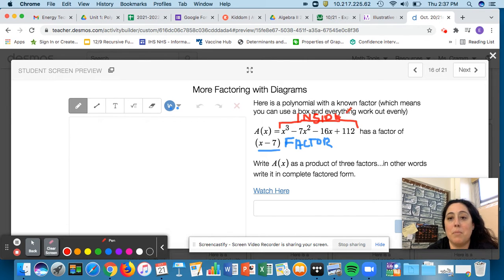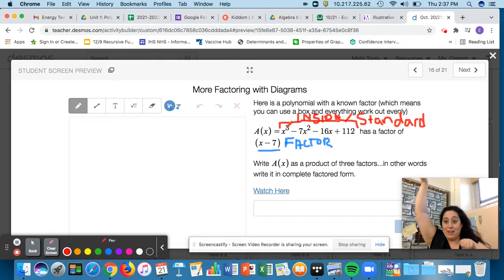Sometimes I get so caught up in what color and all that stuff. So yeah, this is standard. So you should be able to tell me what the y-intercept is here. And the end function, right? It's cubic. I know I'll start down here, end up here, okay?